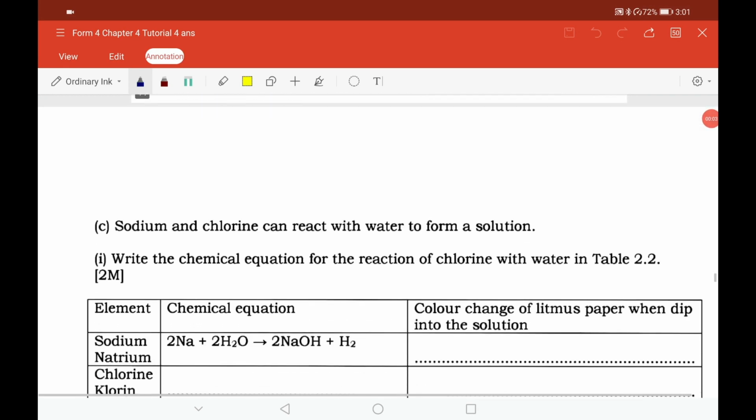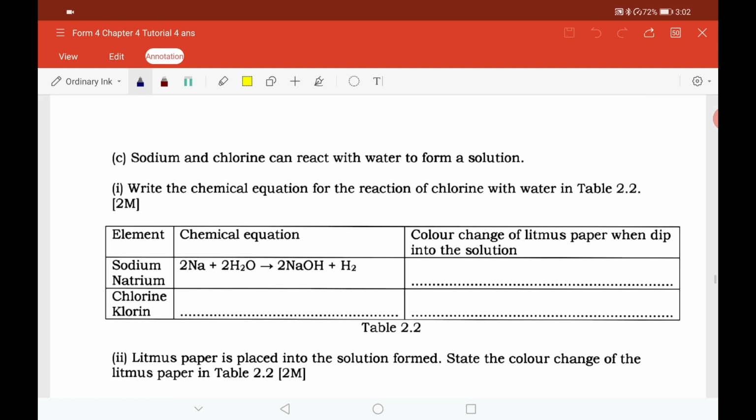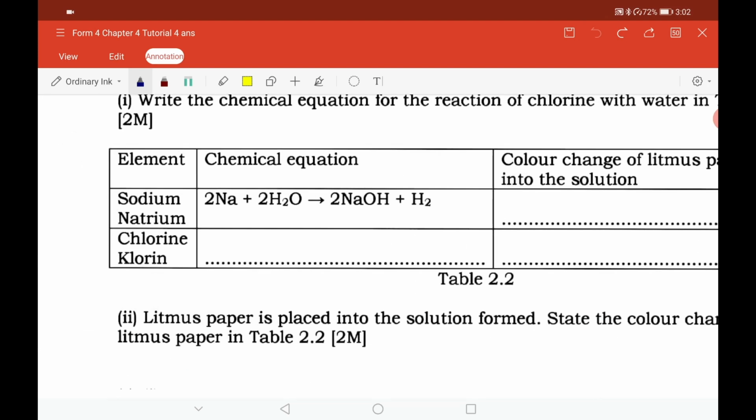For the next question, it mentions that sodium and chlorine can react with water to form solution. You need to write the chemical equation for the reaction between chlorine and water. Chlorine is Cl2, and it reacts with water.